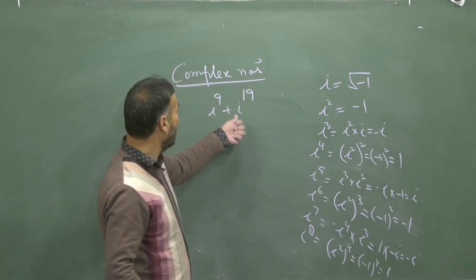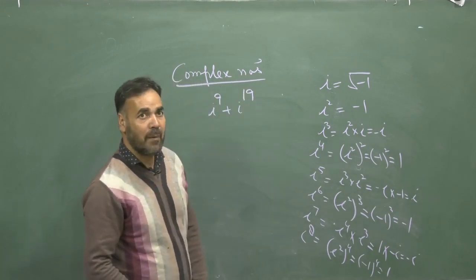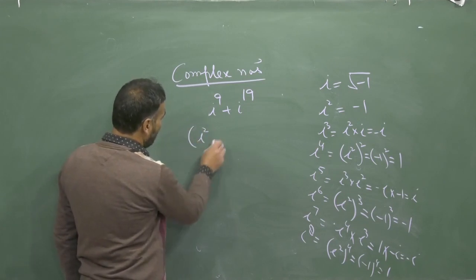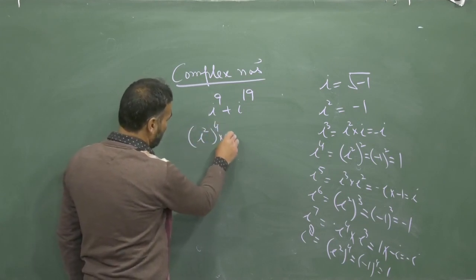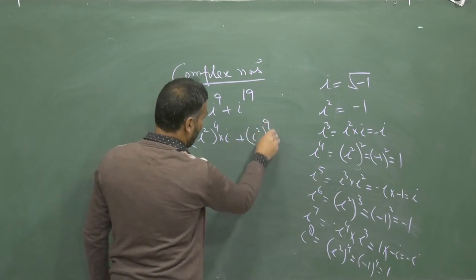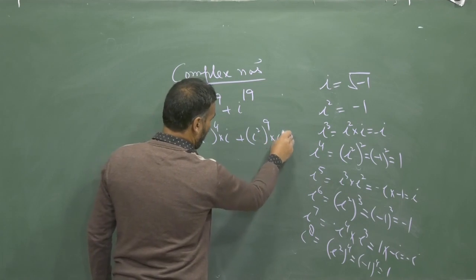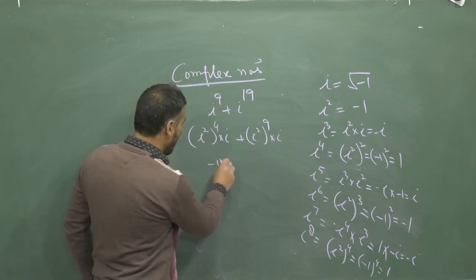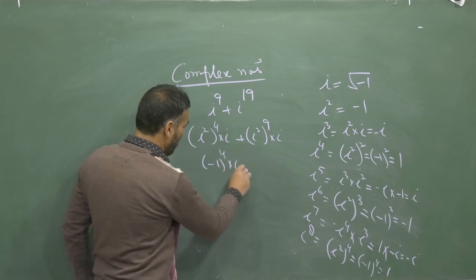So what is iota raised power 9 plus iota raised power 19? Can we say it is iota square raised power 4 into iota plus iota square raised power 9 into iota. Iota square is -1, raised power 4 into iota.